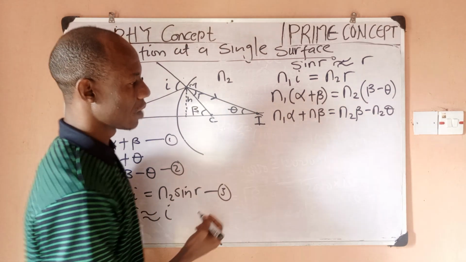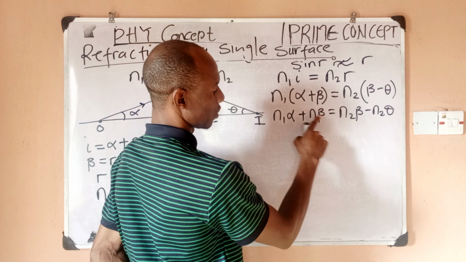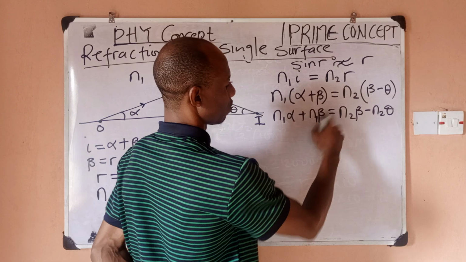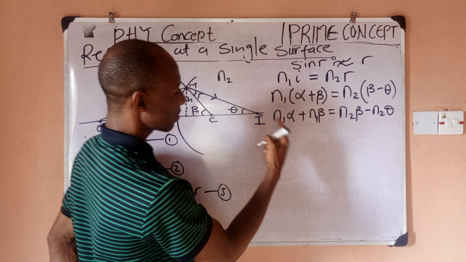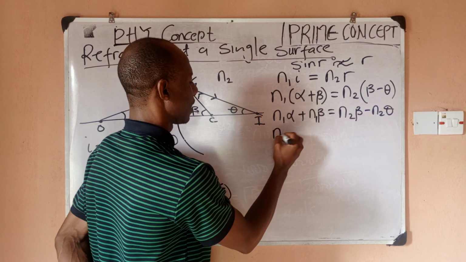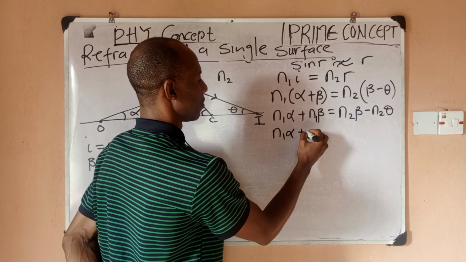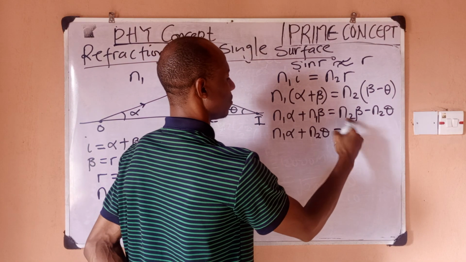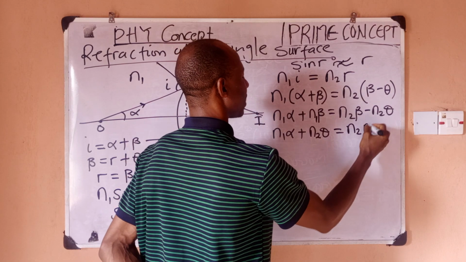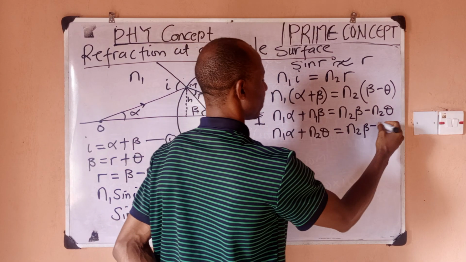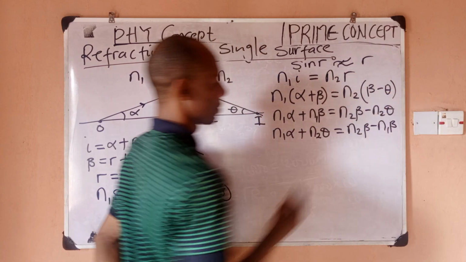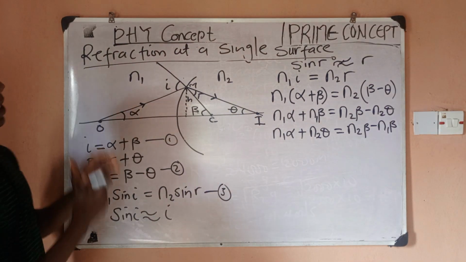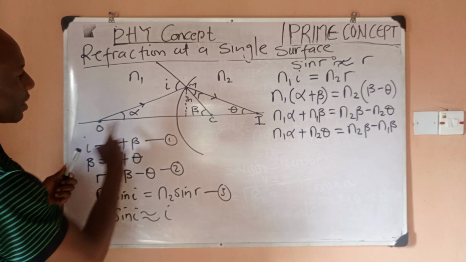Now what am I going to do? I'm going to collect like terms so that this will come and meet this. Remember, this is N1, so that this will go and meet this. So I would have N1 alpha plus N2 theta when this comes. It's going to give me N2 beta. When this goes, it becomes minus N1 beta. So I would come back to this diagram considering the triangles.